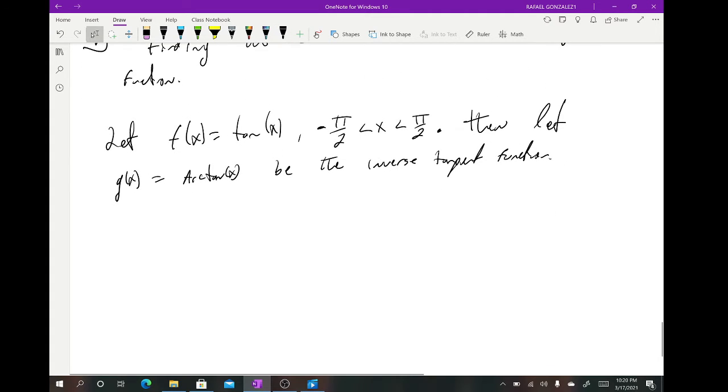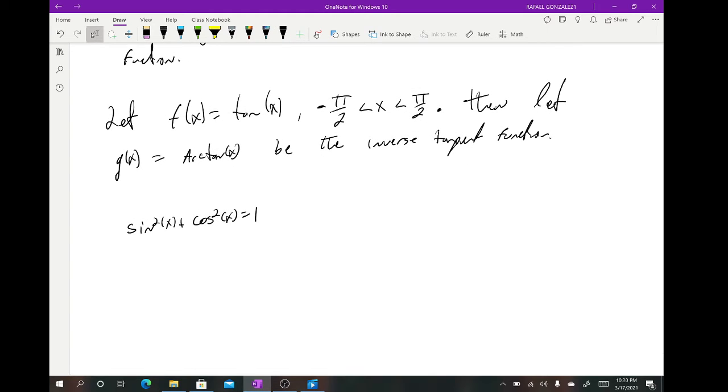Now, to find the derivative of arctangent of x, we will actually use a fact from trigonometry. So, if you recall, sine square x plus cosine square x is equal to 1.